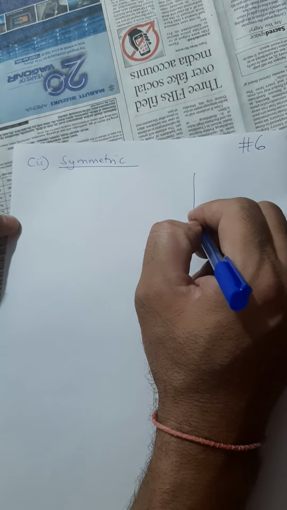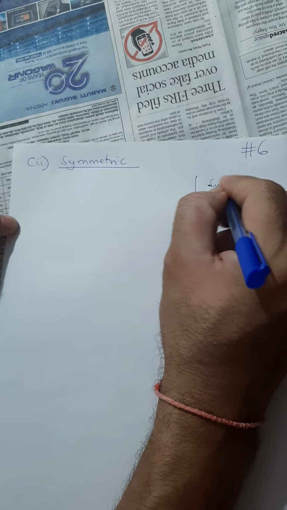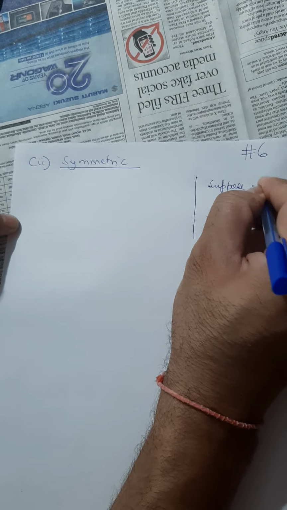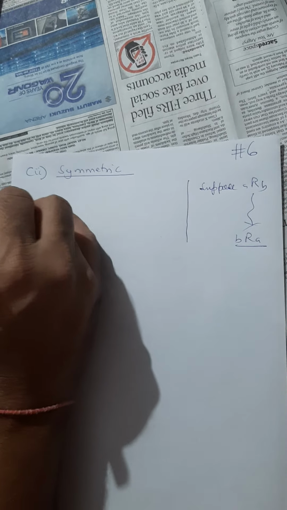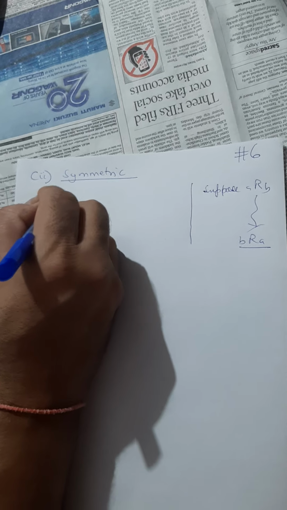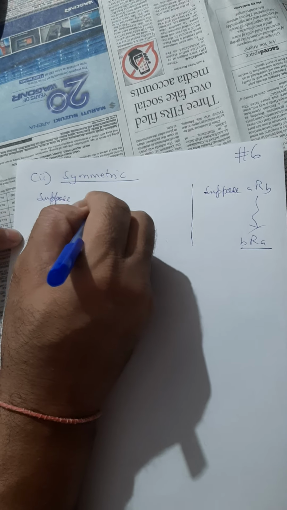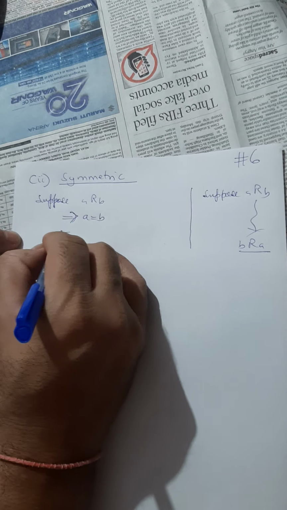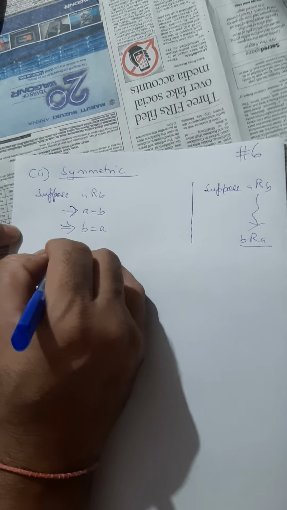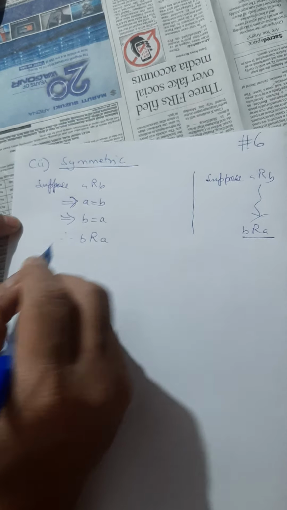Now, second one is symmetric. So you start with this. Suppose a related to b, and at the end you show that b related to a. Now if I start with a related to b, it implies a equals to b. So it is same as b equals to a. So therefore you can say that b related to a.